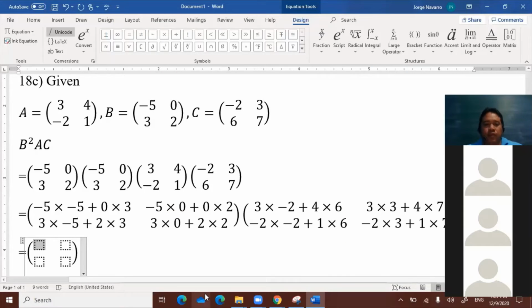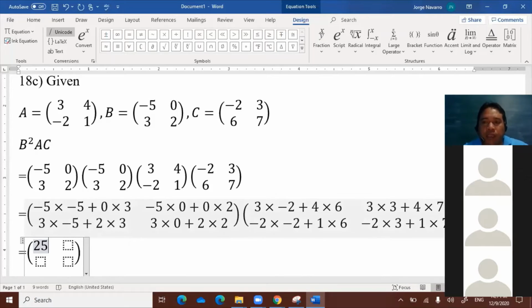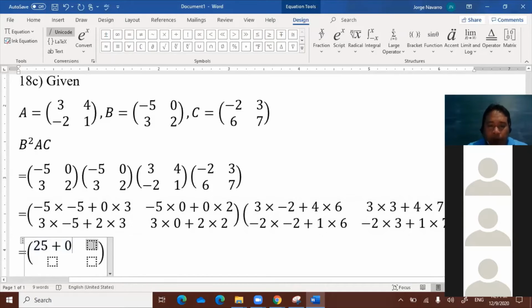All right, okay. So we say negative 5 times negative 5, that's obviously positive 25, because negative times a negative is a positive 25, plus 0 times any number, in this case 0 times 3 is 0. Then we go again, negative 5 times 0, well that is 0, plus 0 times 2, again that's another 0.